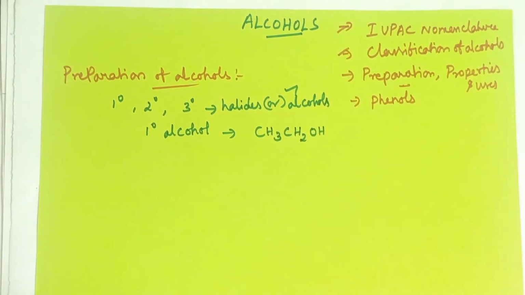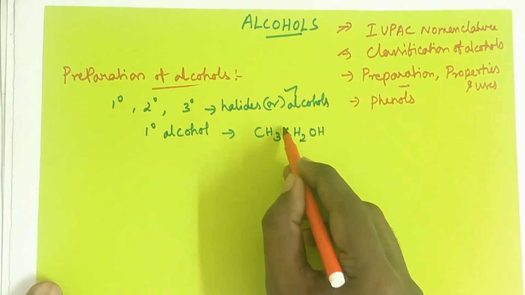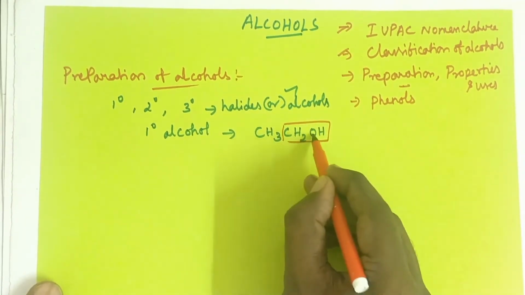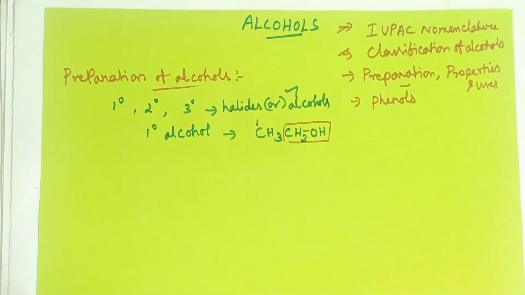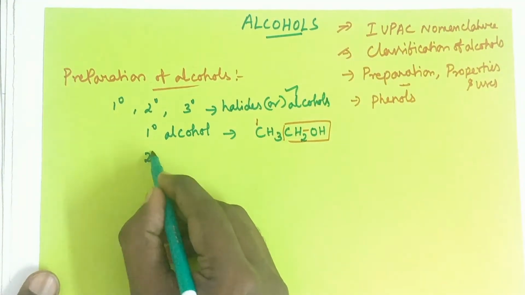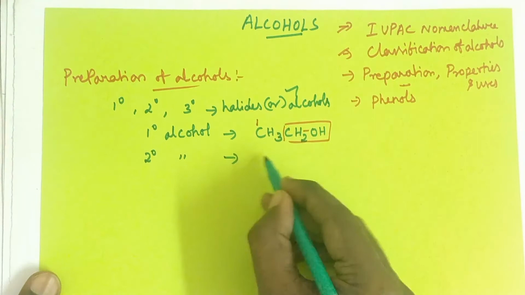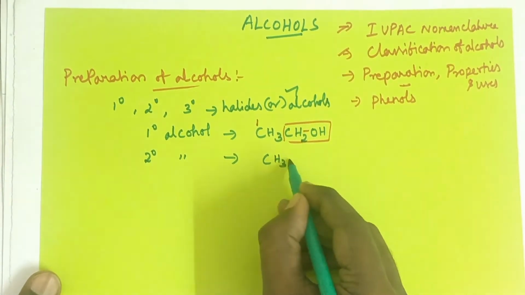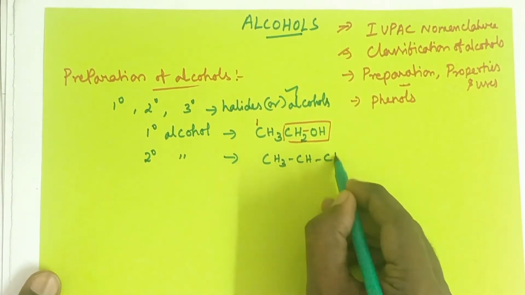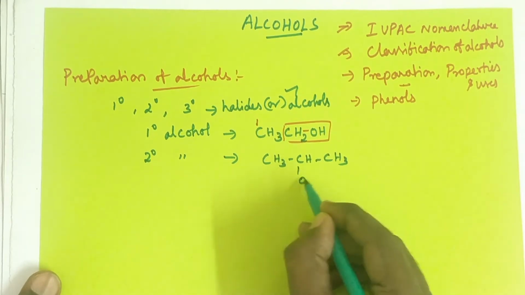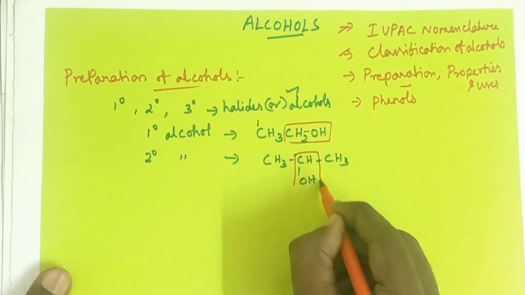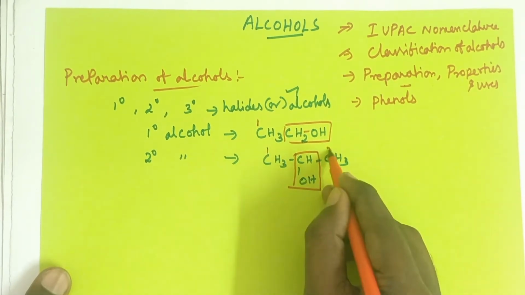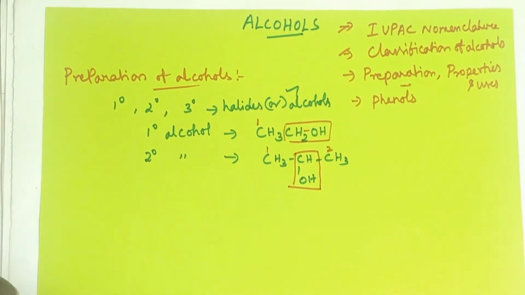That means the functional group attached carbon is attached with one carbon, so it is primary. In case of secondary, the functional group attached carbon is attached with two carbons, so it is called a secondary alcohol.